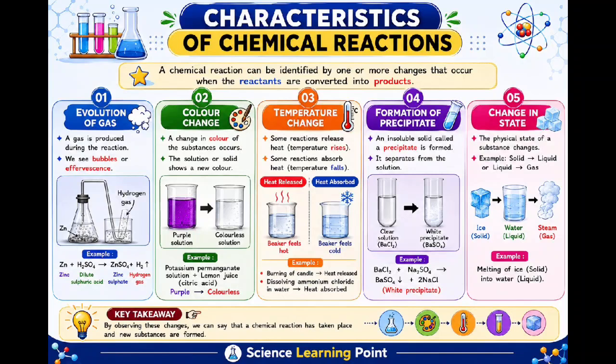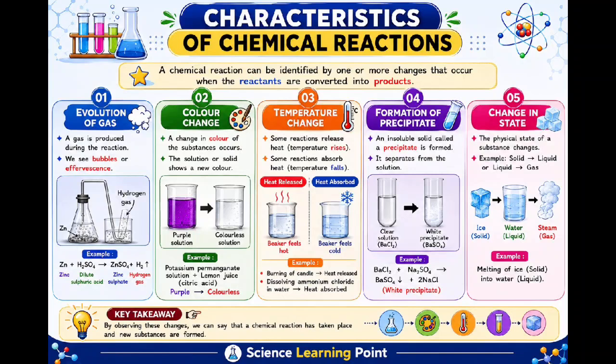Now let us understand an important question. How do you know that a chemical reaction has taken place? When two or more substances react, we may notice some visible changes. These changes give us a clue that a chemical reaction has occurred. There are 5 common signs of a chemical reaction. The first sign is the formation of a gas.